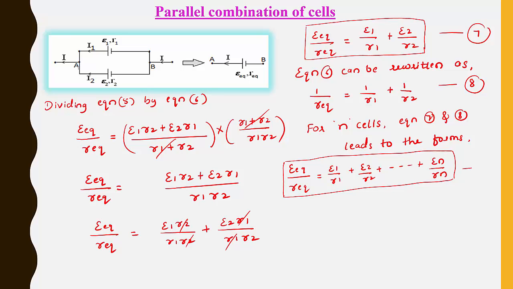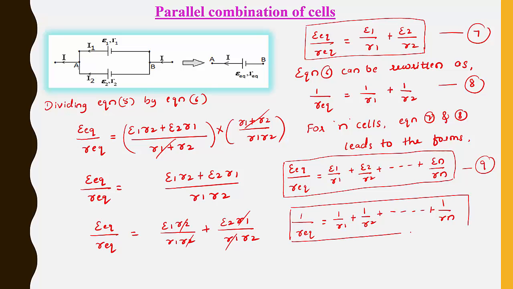Let us take it as equation 9. Similarly, one more equation: 1 by R equivalent is equal to 1 by R1 plus 1 by R2 plus 1 by R3, and so on up to 1 divided by Rn. This is for n number of cells connected in parallel, that gives the internal resistance.